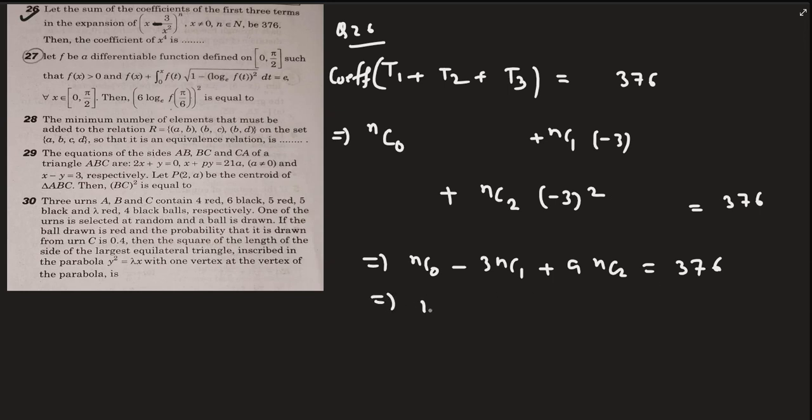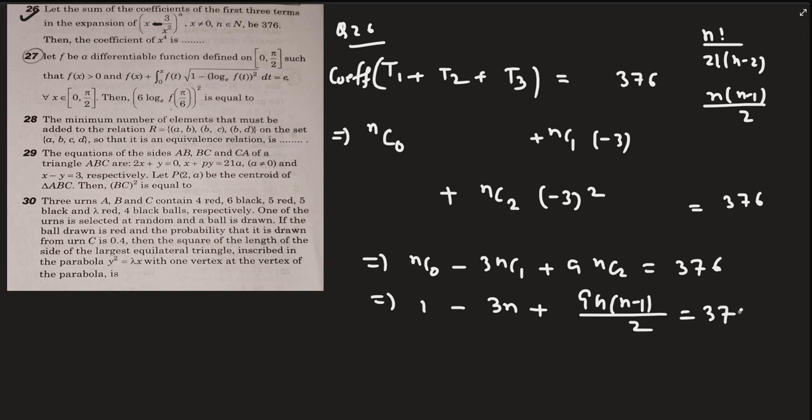nC0, you know that it is 1. 3 times nC1 is equal to 3n. 9 times nC2, you know that it is n factorial by 2 factorial times n minus 2 factorial, that is n into n minus 1 by 2. So 9 times n into n minus 1 by 2, which is 376.